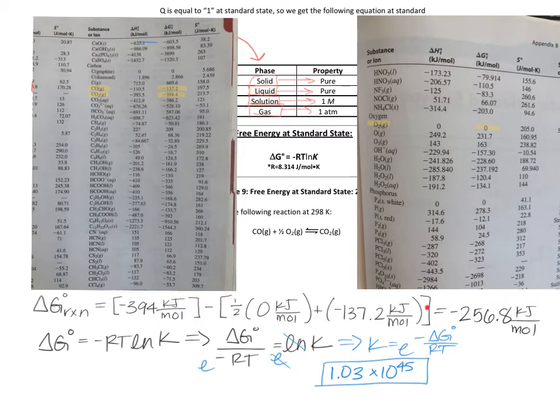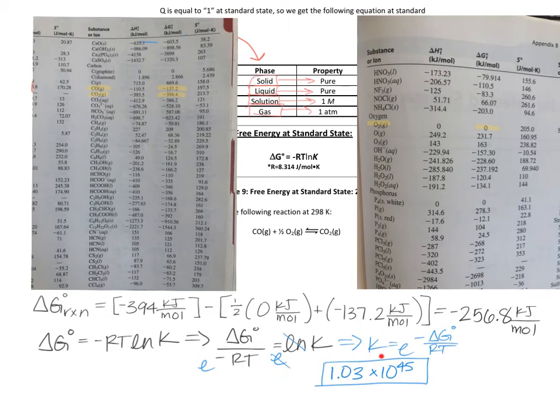Products come first, then reactants, keeping into consideration the coefficients. I got a negative 256.8 kilojoule per mole answer. I used the delta G naught equation that we have just up above in image 9 and solved for K by itself. I have to e both sides to cancel out the natural log.